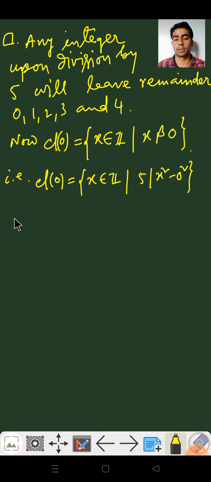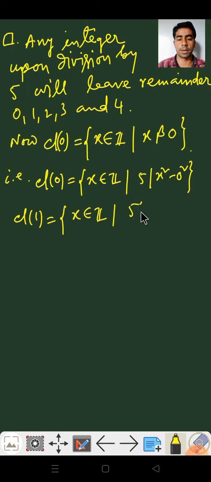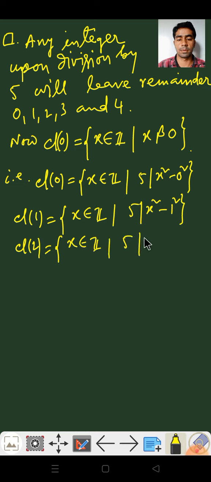Similarly, we can write the class of 1 as x belongs to Z such that 5 divides x square minus 1 square. Similarly, the class of 2 is x belongs to Z such that 5 divides x square minus 2 square.